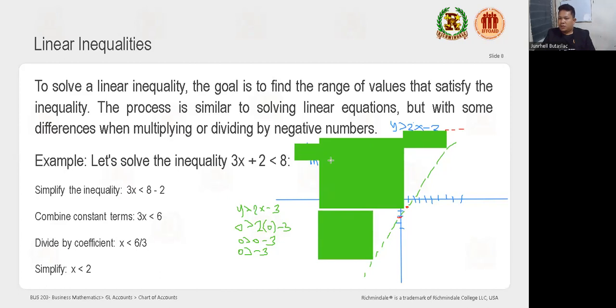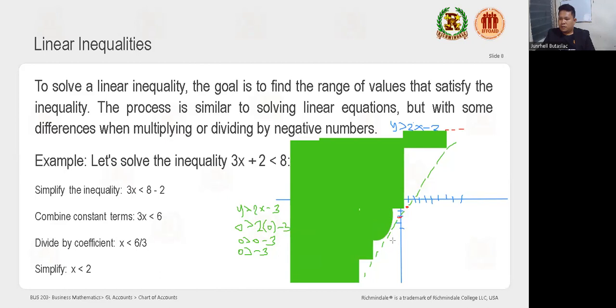So in this area must be the shaded region. That is how you identify the shaded region.